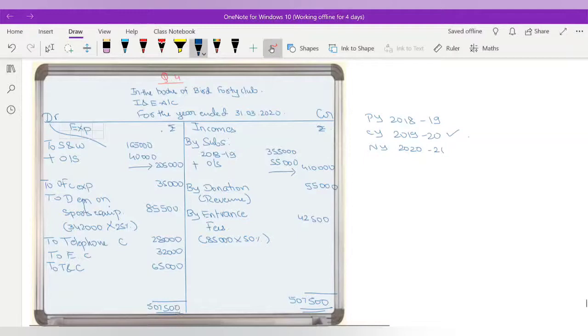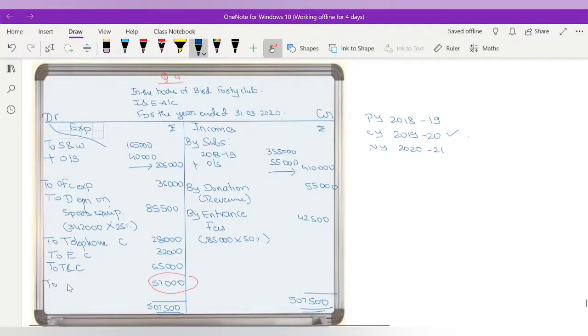Let us find out the difference now. Minus 2,05,000, 35,000, 85,500, 28,000, 32,000 and 65,000. There is a difference of how much? 57,000. What does this 57,000 depict? It is an excess of income over expenditure, right?